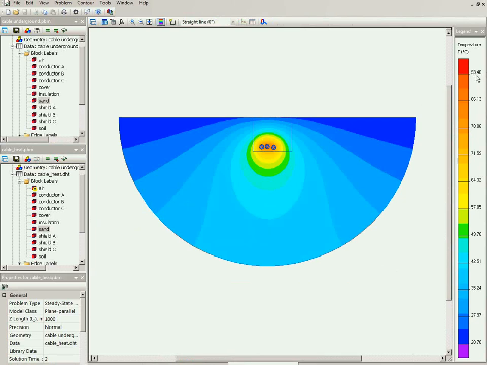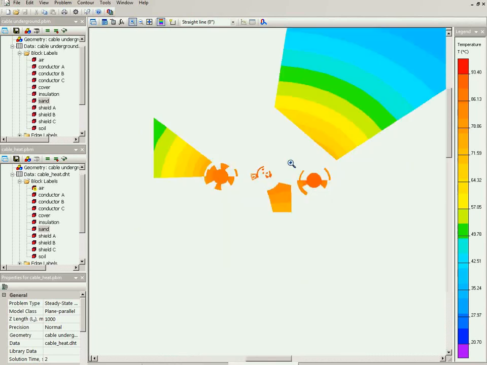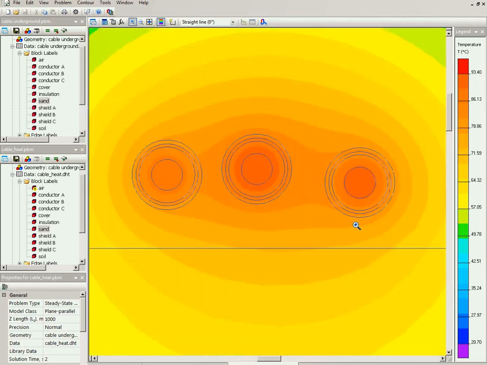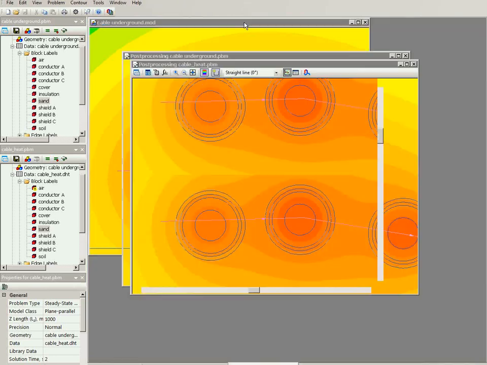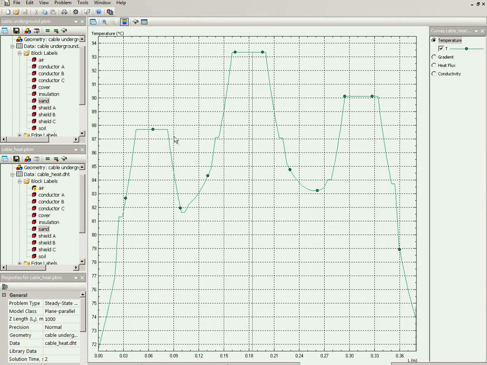You see the temperature is a bit high, about 1 degree higher. It was 92. And you see that the most heated cable is the central cable. If I draw the contour, for example, like this, and take a look at the temperature distribution along this line, I can find that the side cables' central conductors have lower temperature than the central conductor temperature.